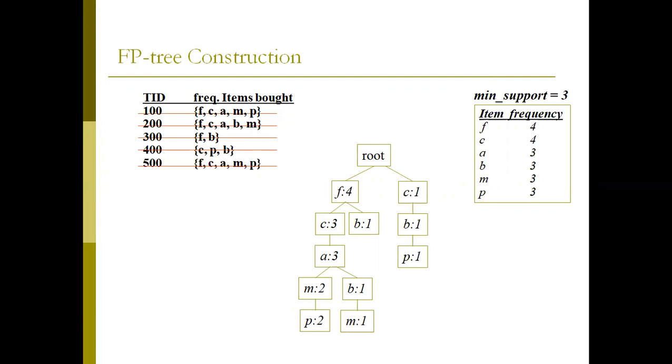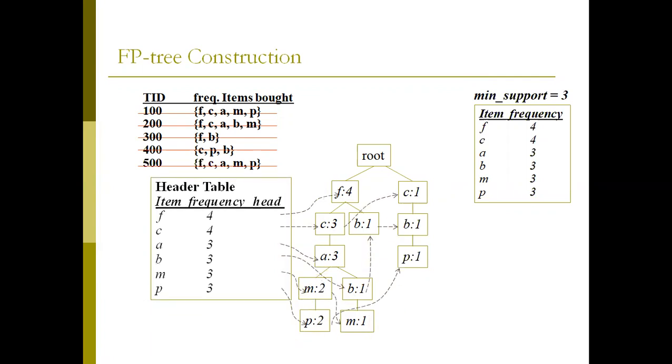Then after this, if you cross-check this constructed tree with the table values, it would be equal to this. Why? Because see, F's support count is 4, right? So F is 4, directly it is there here.